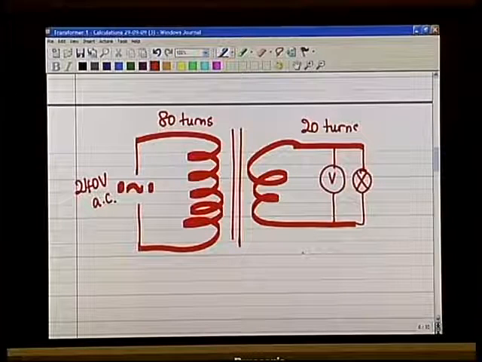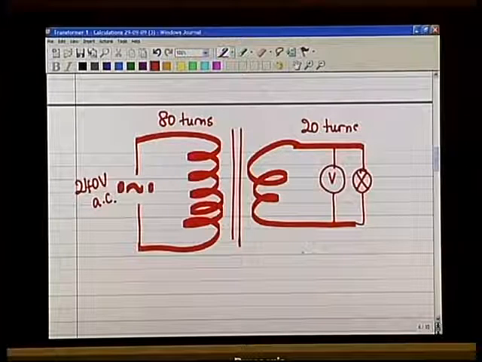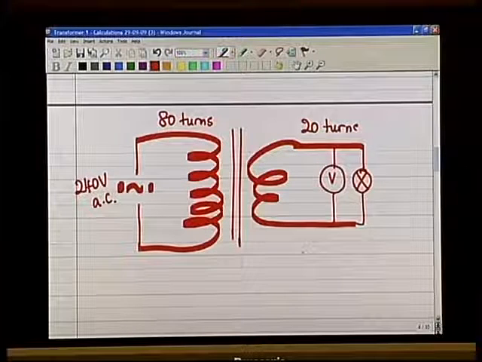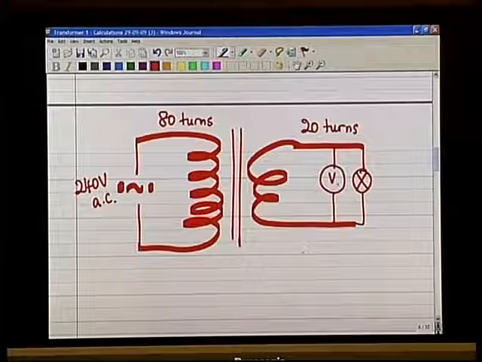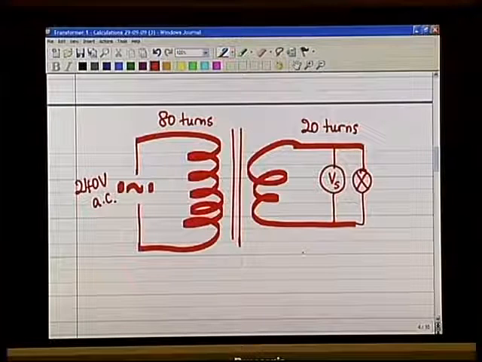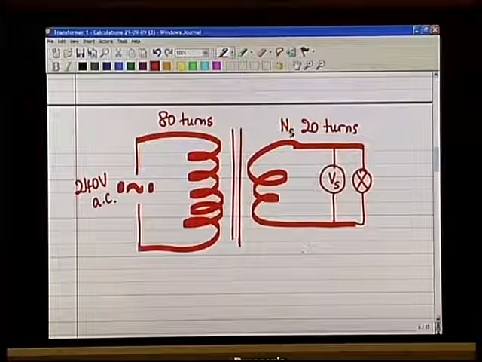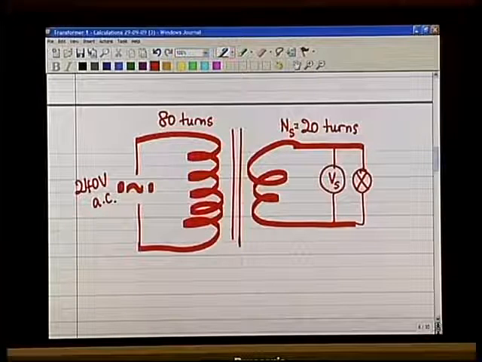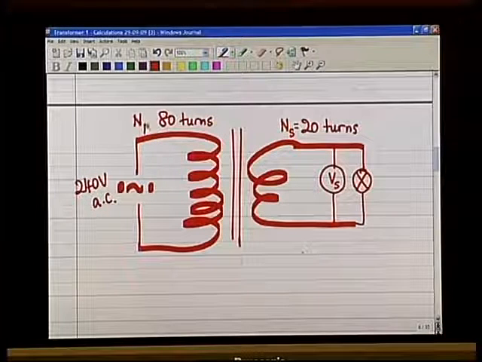Now with this diagram, it becomes a clear picture. This is the secondary. On the right hand side is the secondary coil. So I call it Vs. The number of turns in the secondary coil, I call Ns. The number of turns on the primary coil is Np.